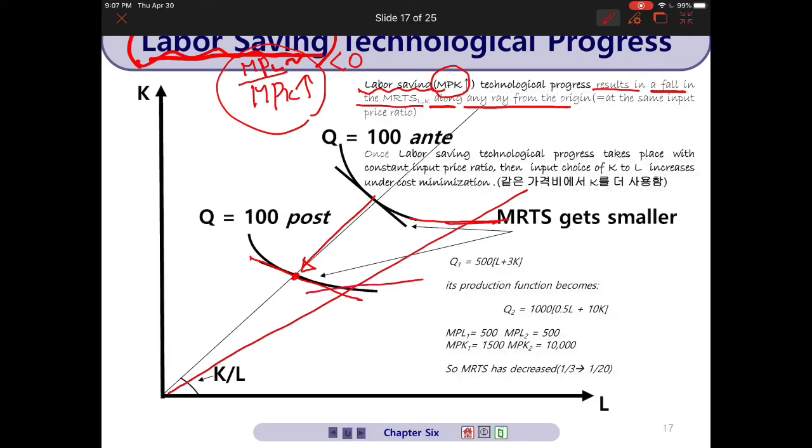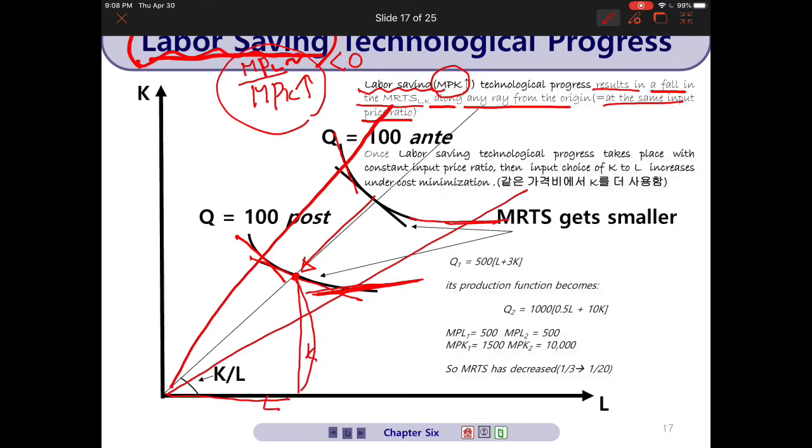Right, this one gets, it doesn't show so distinctively, but anyway, it should become much flatter. What about here? This one. What about there? Like this one. Much flatter than before, right? At the same input ratio.